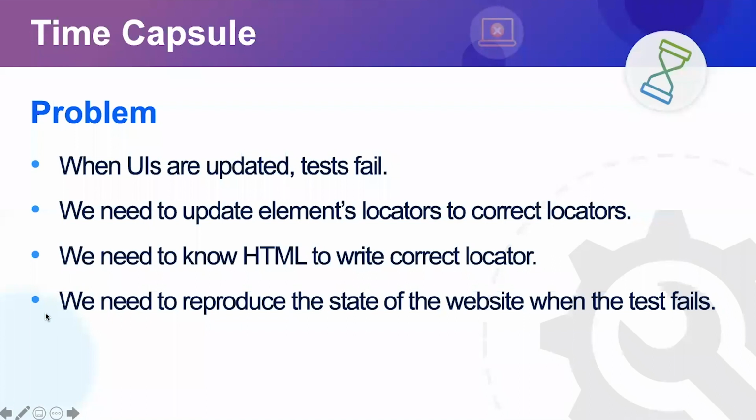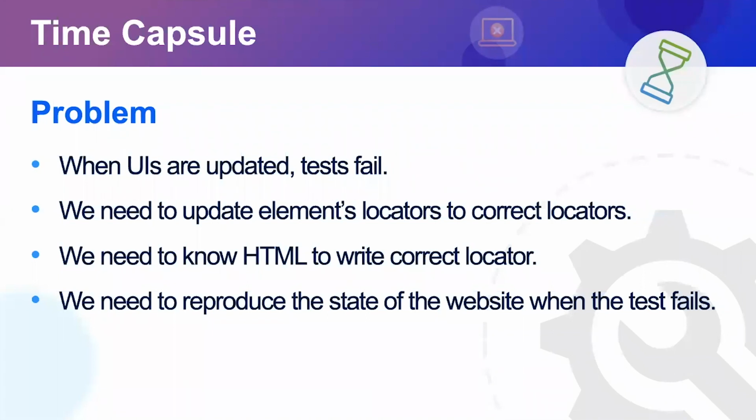So to reproduce that manually, or another way to reproduce is just to execute the test case again, but then if you do that, the test may fail for other reasons, so you will waste time and not be able to find the original issue. So that's the problem that Time Capsule is invented to solve.